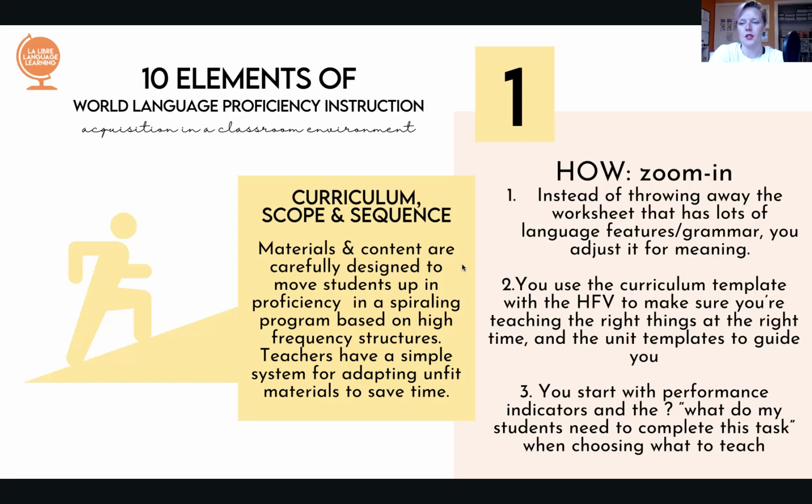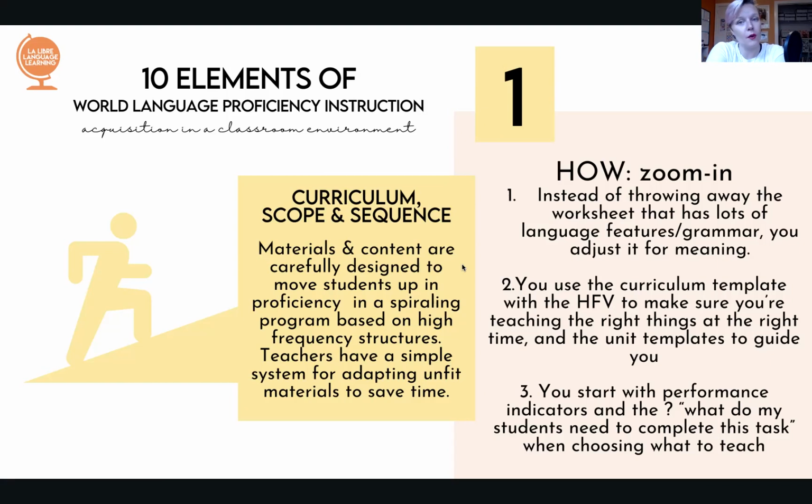Now, how do we do this? It means that the how is, instead of throwing away the worksheet that might have a lot of language features, might have a lot of grammar, let's just adjust those exercises. Can you adjust that same exercise for meaning? Can you cross out a few instructions so that students are working for meaning instead? Or maybe even do the grammar exercise and then add meaning to it by either adding or taking away elements.